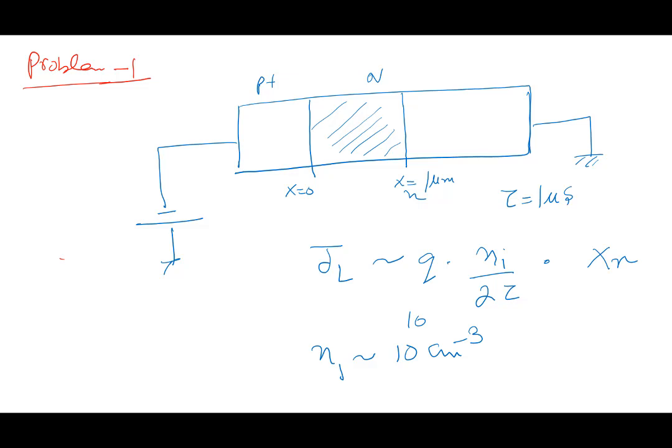The depletion width is 1 micron, so do all the calculation in centimeters. 1 micron is 10 to the power minus 4 cm. Ni is 10 to the power 10. The exact value may be 1.45 times 10 to the power 10, but it doesn't matter; we just want to quickly estimate the order of magnitude.